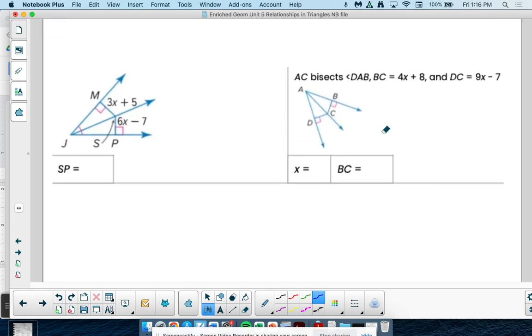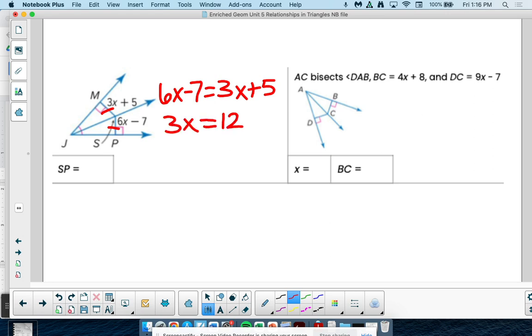All right, just a little bit of algebra on this one. We're looking for SP. What's an equation we can write, folks? 3x plus 5 equals 6x minus 7. You got it, buddy. There you go. What is the answer?